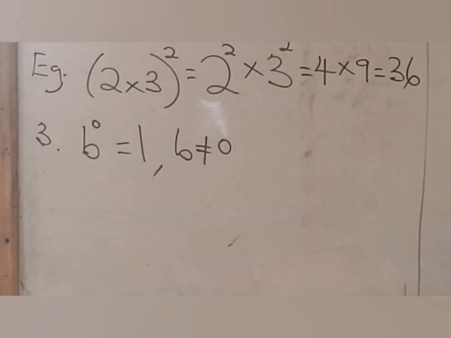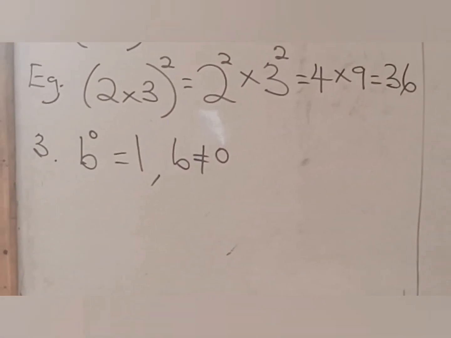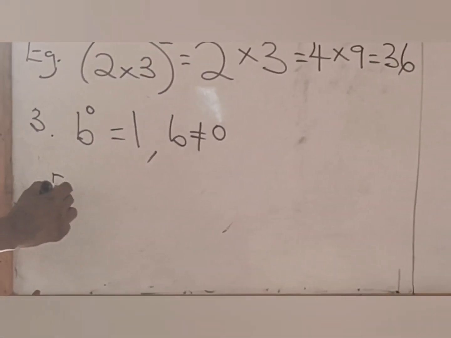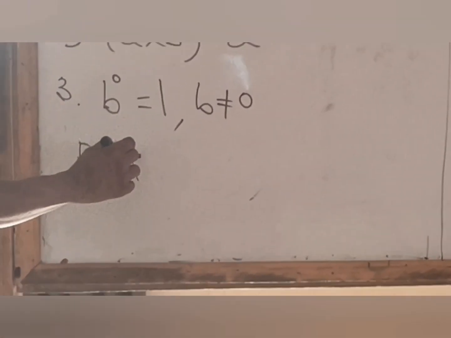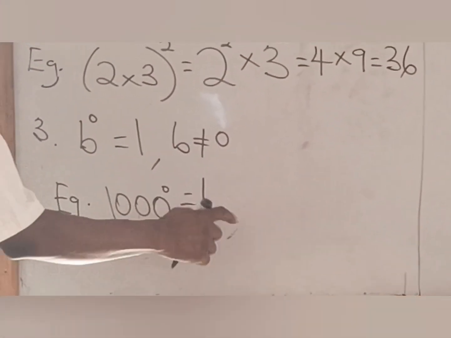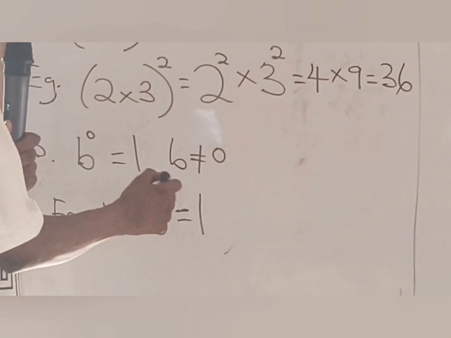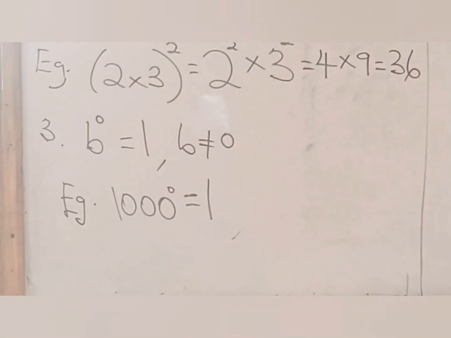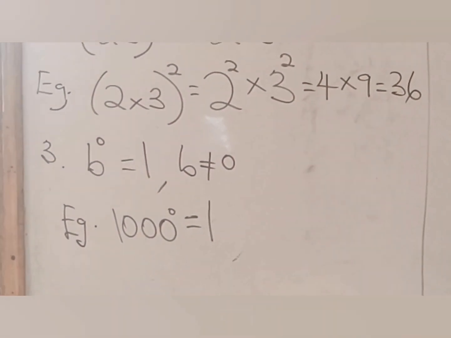I'll bring it to your example. So you are saying that any number to the power 0, so even if you say 1000 to the power 0 is what? 1. As long as the number is not 0, that is, non-zero. So take note of that.